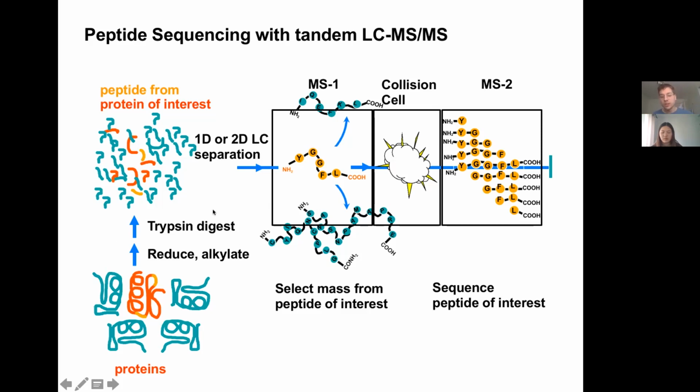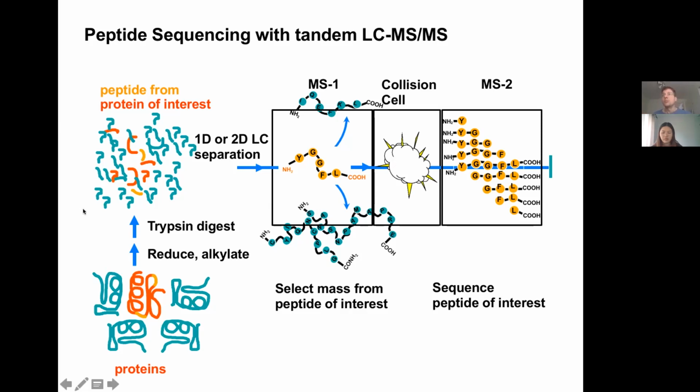The most common one is always trypsin, which cleaves after lysines and arginines. But depending on the protein sequence of interest and what regions you care about, you might benefit from using a different protease, such as chymotrypsin, which cleaves after hydrophobic amino acids, especially for membrane proteins whose transmembrane parts will be very rich in hydrophobics.